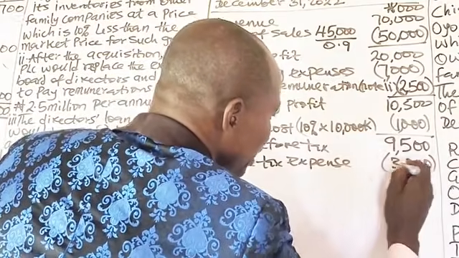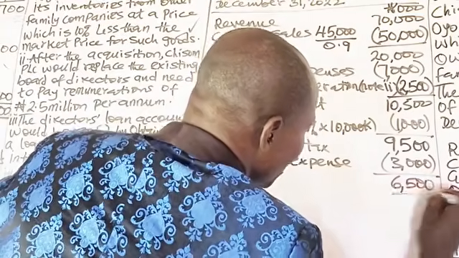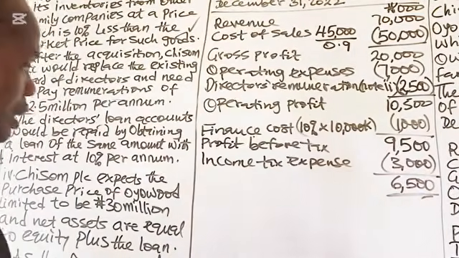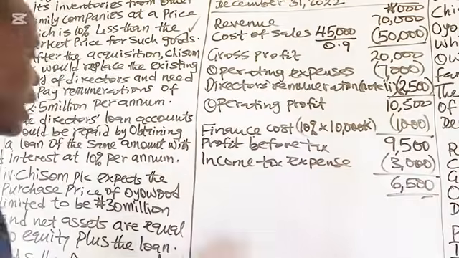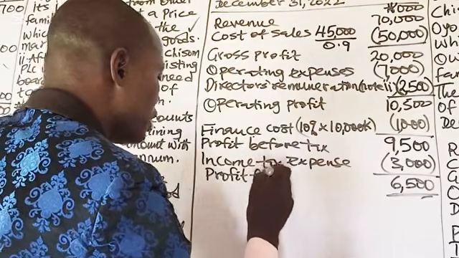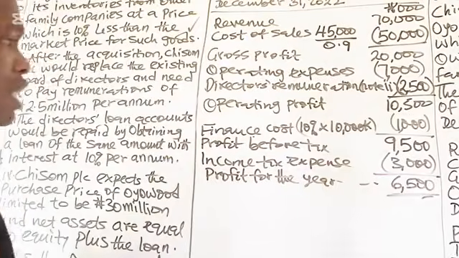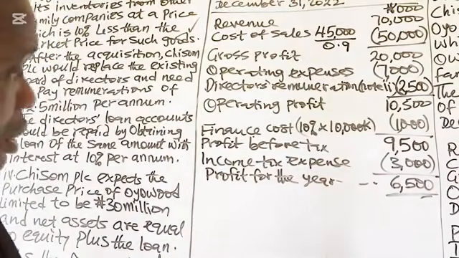If you subtract 3 million, then you have 6.5 million. This 6.5 million is the profit for the year, that is profit after tax. So we have profit for the year of 6.5 million naira.